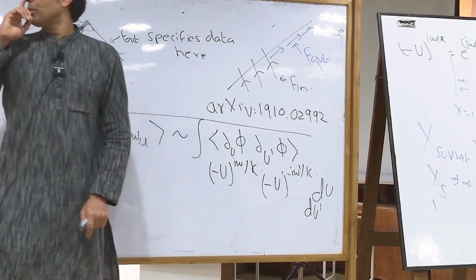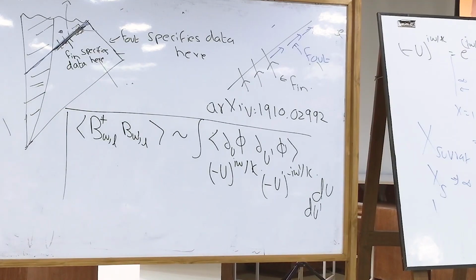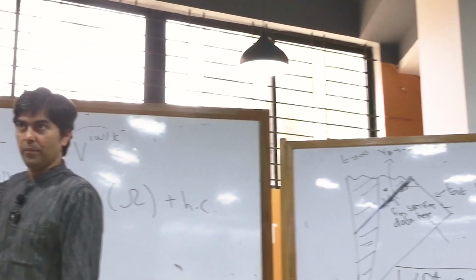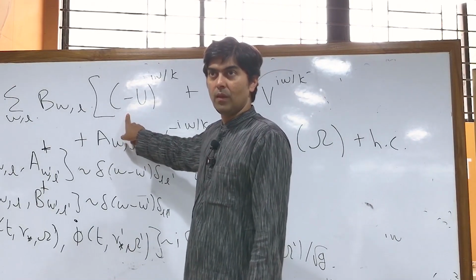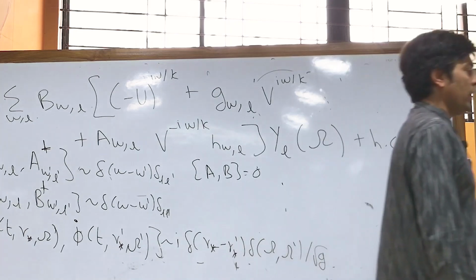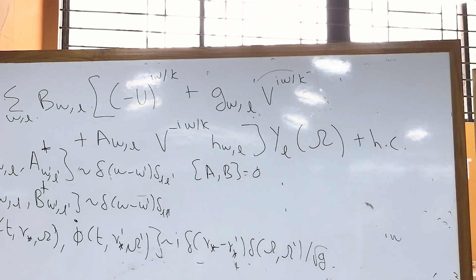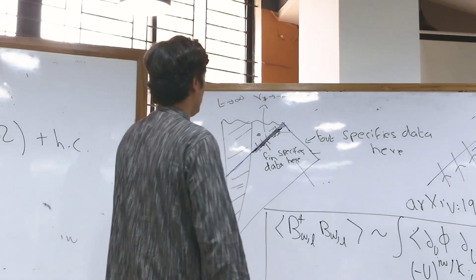That's important because this expansion itself was only valid near u equal to 0. So, if I could compute this 2-point function and do this Fourier transform, then you would be able to derive the 2-point function of the outgoing modes here.